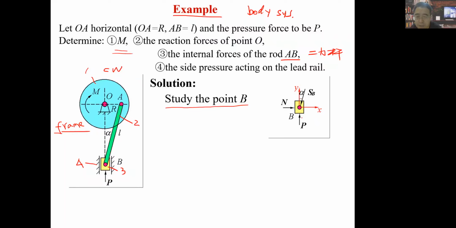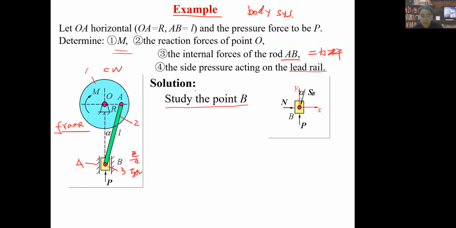So we have the vertical force P, and another is the reaction force from the so-called lead rail, 导轨, right? Lead rail in Chinese is 导轨. Its function is that this slider can only move along the vertical line, right? So this lead rail will have a reaction force along this direction.